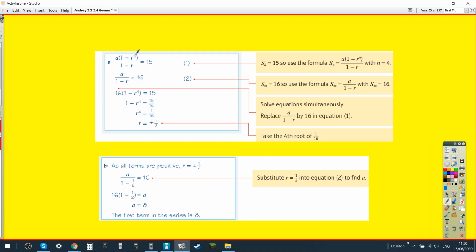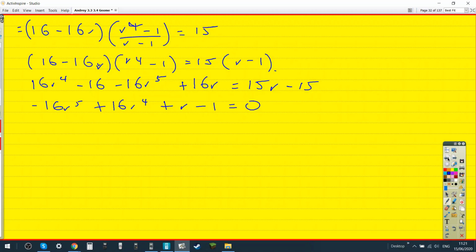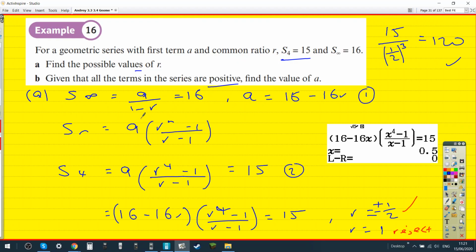And they did the 1 minus r, which is usually used for this type. 16 over 1 minus r. That's cheeky.